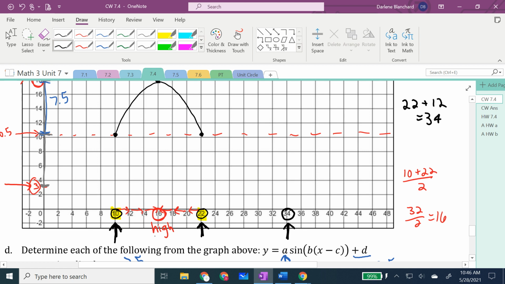The first quarter of the way through is at 16. Second quarter is the halfway point of 22. And then what is going to be the third quarter endpoint? And perhaps what you see is that you have 6 hours between each quarter cycle. That means 22 plus 6 hours takes me to 28.